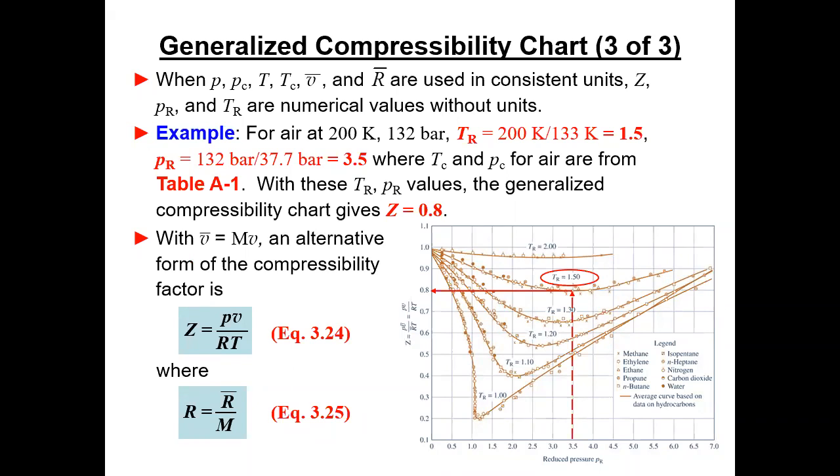This is what I referred to before, that bottom equation, 325, where R hat is the universal gas constant and M is molecular weight. If you see, in the equation right above it, Z equals PV over RT with no hats, then the units are pressure and regular specific volume, feet cubed per pound mass or meters cubed per kilogram.